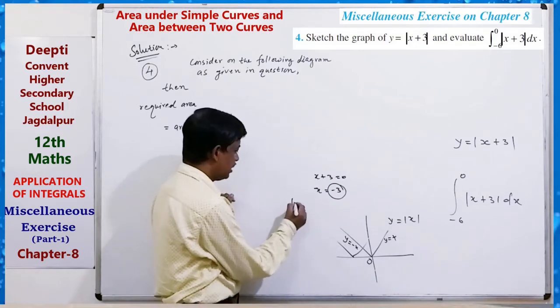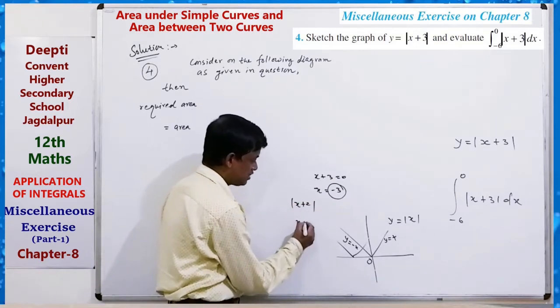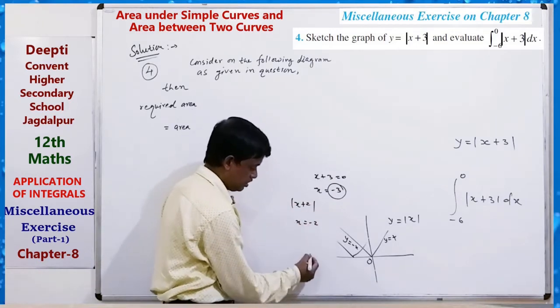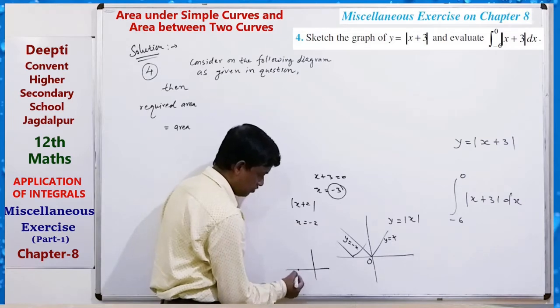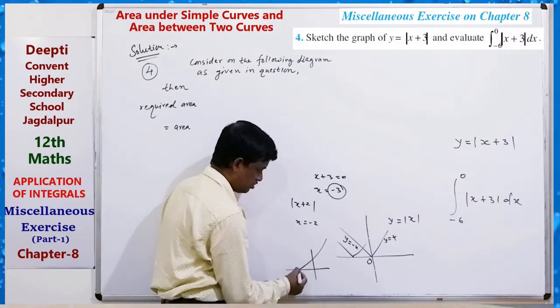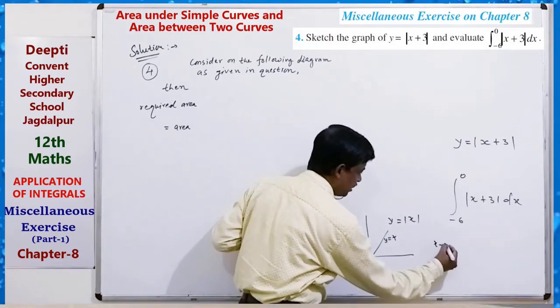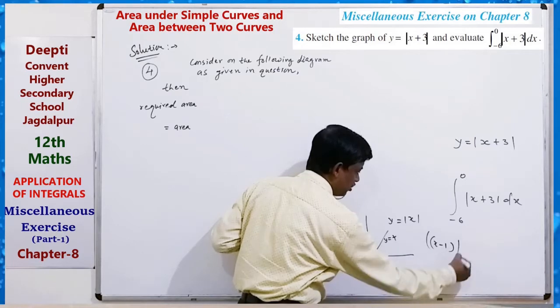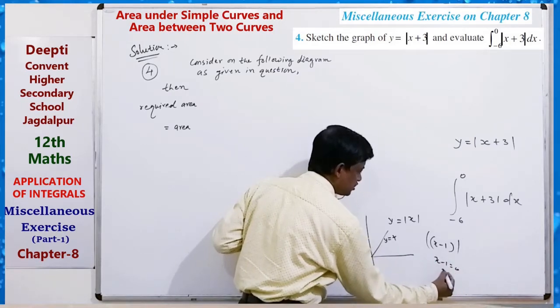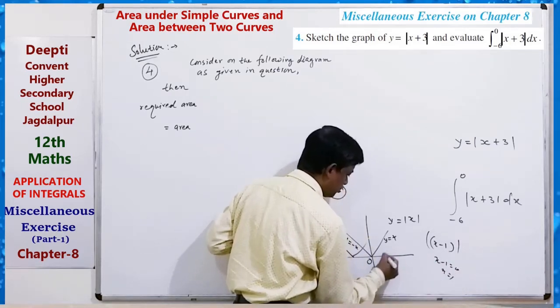Also, suppose mod of x plus 2, then x equals minus 2, so it starts from minus 2, just like the V-shaped graph. Here, suppose mod of x minus 1, then x minus 1 equals 0 means x equals 1. So the graph will start from 1.